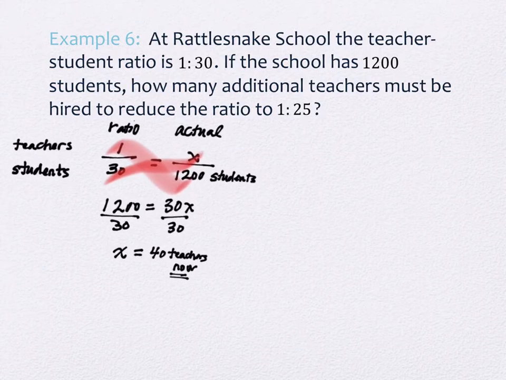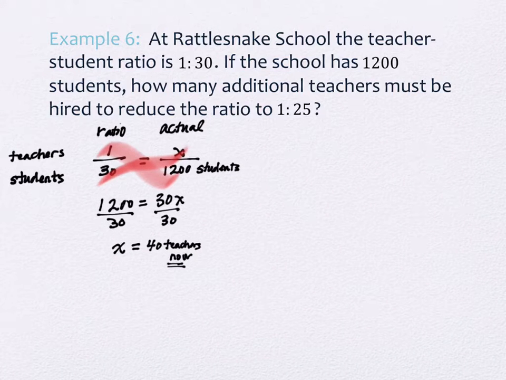What we want is to know how many we'd need to add to this number of 40 in order to end up getting a different ratio. So all of my setup's the same, so I'm not going to write it out again, the teachers and students in ratio and actual, but the ratio I want is 1 to 25. And again, I don't know how many teachers that is. I'm just going to use a different variable because I don't want you to think that I've somehow reassigned x as something different.